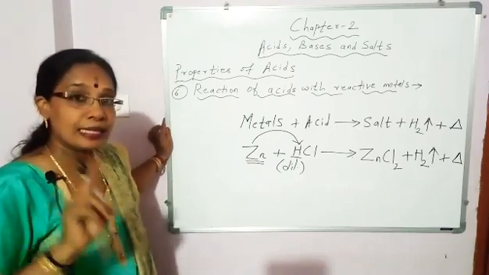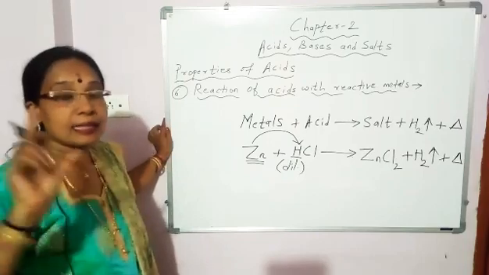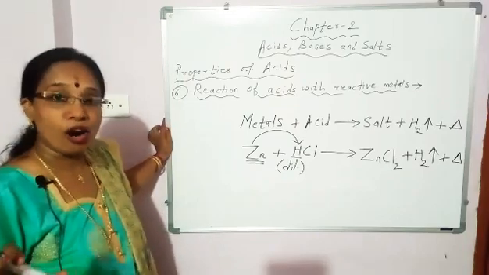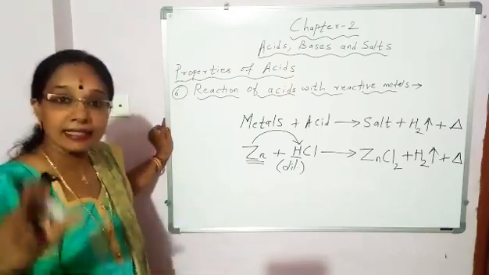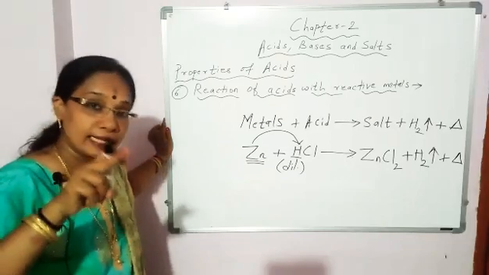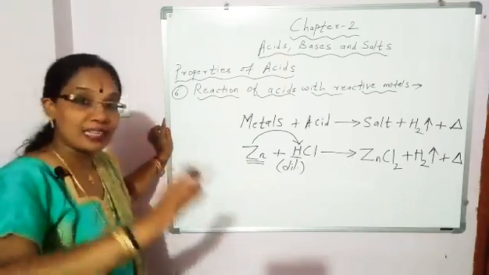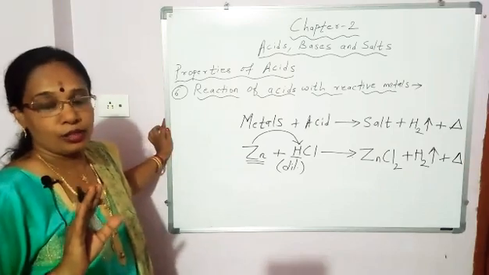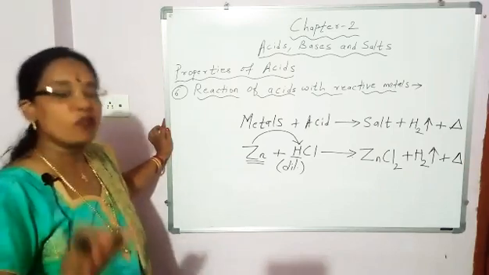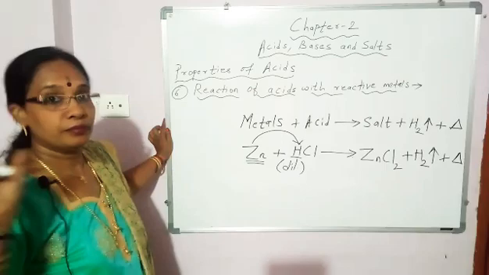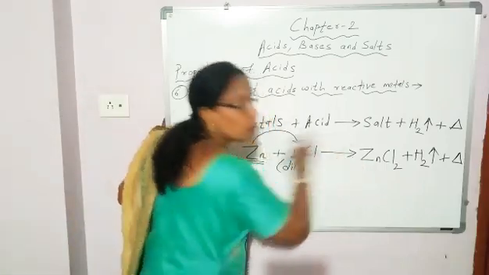So students, keep on revising the symbol and valency of different cations and anions which you have studied in class 9th. You have a list of cations and anions. So learn the symbol and valency every day. Then only you can frame the formula.